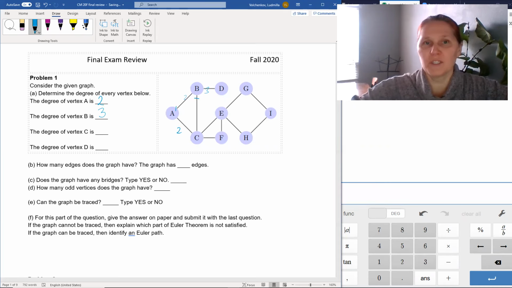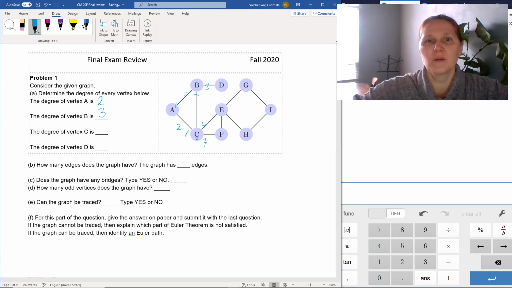The degree of the vertex C, 1, 2, 3, and 4. We have 4 lines, so the degree is 4, and the vertex D. Vertex D has only 1 line, so the degree of the vertex D is 1.